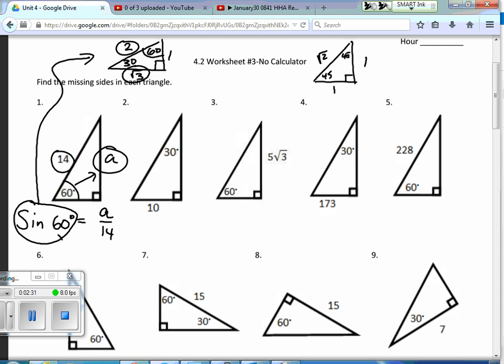So I'm going to replace this with root 3 over 2 is equal to A over 14. And now I just need to get the A alone. So I multiply both sides by 14, times 14 here, times 14 here. That cancels. And then I could just reduce this. 14 over 1 and the 2 there, those could turn into 7. So it's 7 root 3.